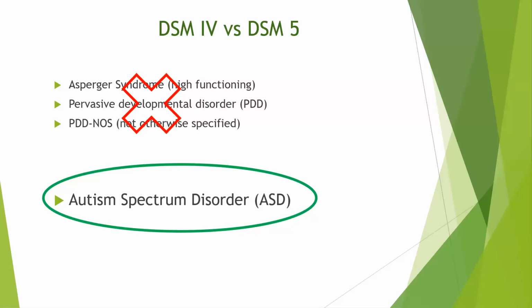And they might not have as many stigmatizing behaviors, such as the self-injurious behaviors that I was mentioning to you, which tend to occur more in the low functioning end of the spectrum.